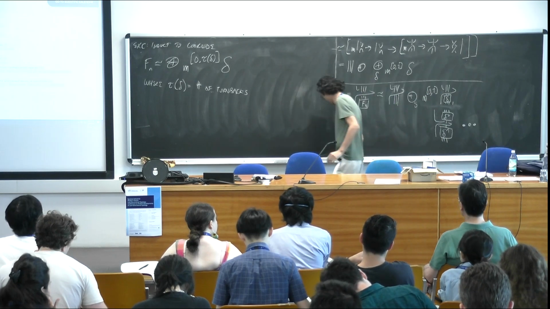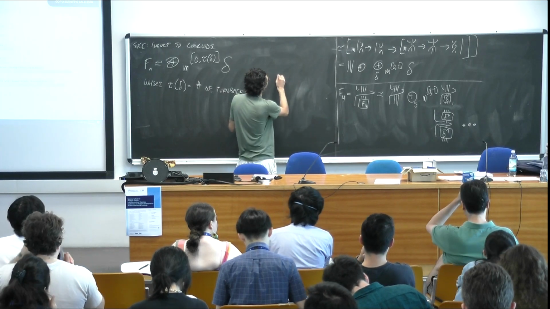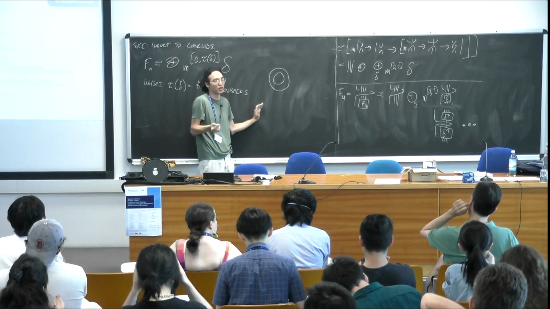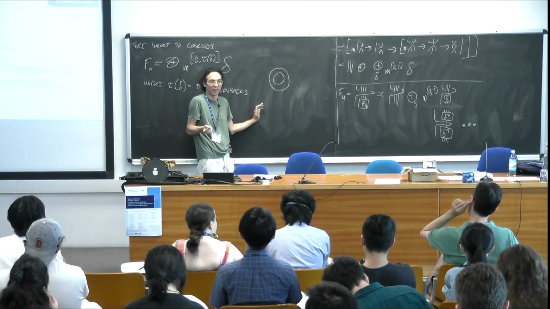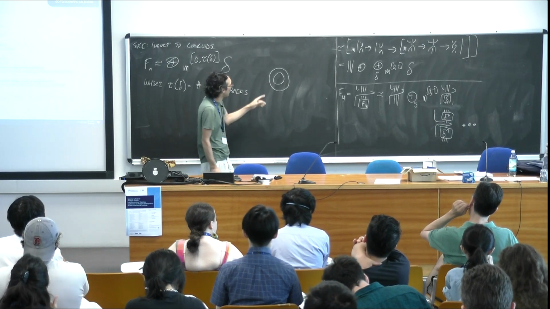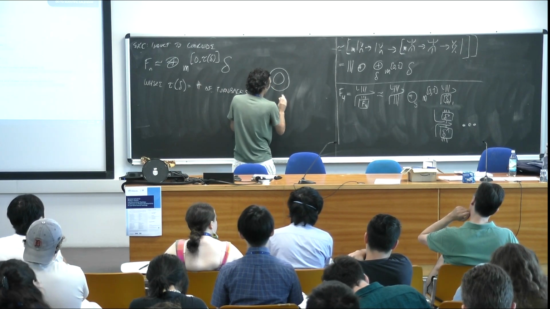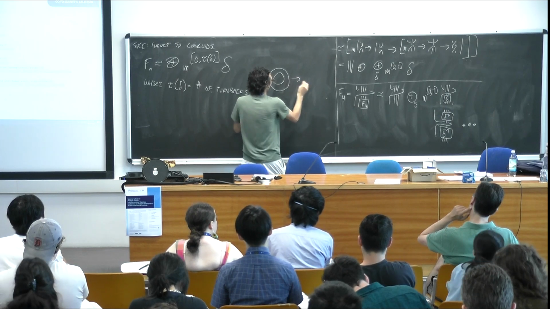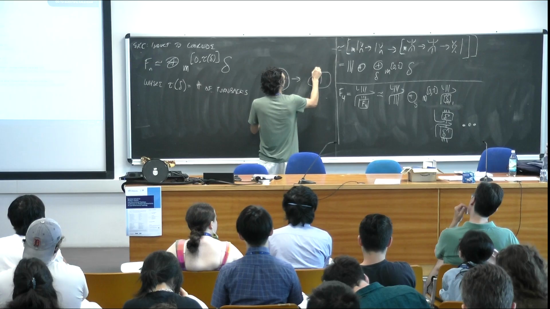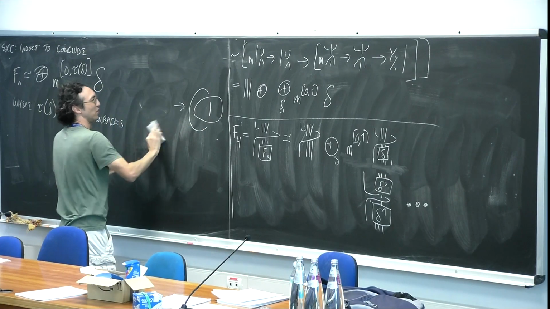Maybe this is the easiest way to say it. If you have two strands, I just have to tell you what the generators of the braid group do. A transposition takes, maybe I should color them.